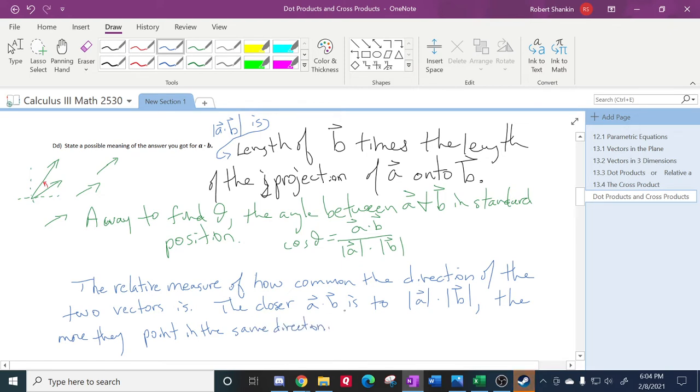Another way to state this is it's kind of a relative measure, relative to this maximum, a relative measure of the efficiency of the speed boost.